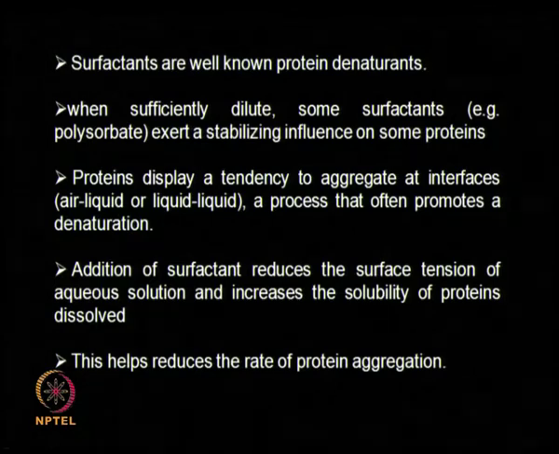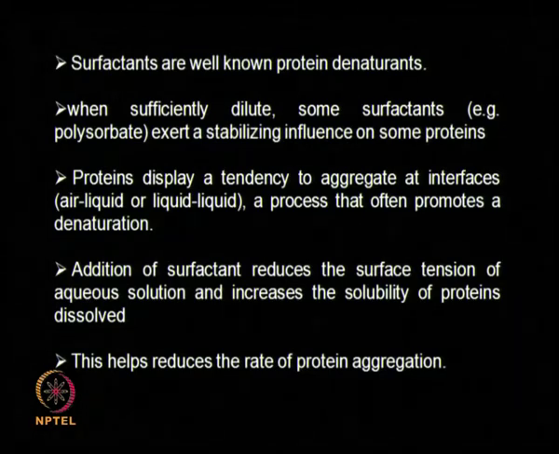But you need to add small amounts, because a large amount of surfactant may affect the protein three-dimensional structure. A small amount disturbs the surface tension and solubilizes the protein, thereby reducing the amount of protein present at the air-liquid or liquid-liquid interface. When more protein goes to the interface, they aggregate, and once they aggregate they lose their activity.